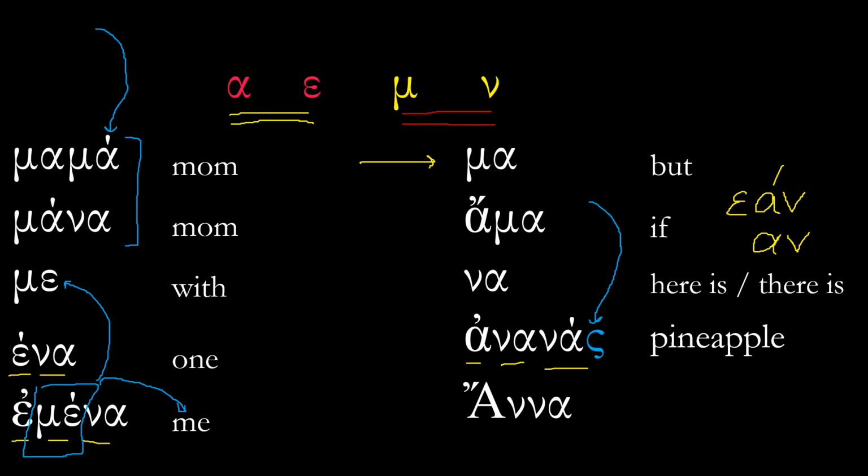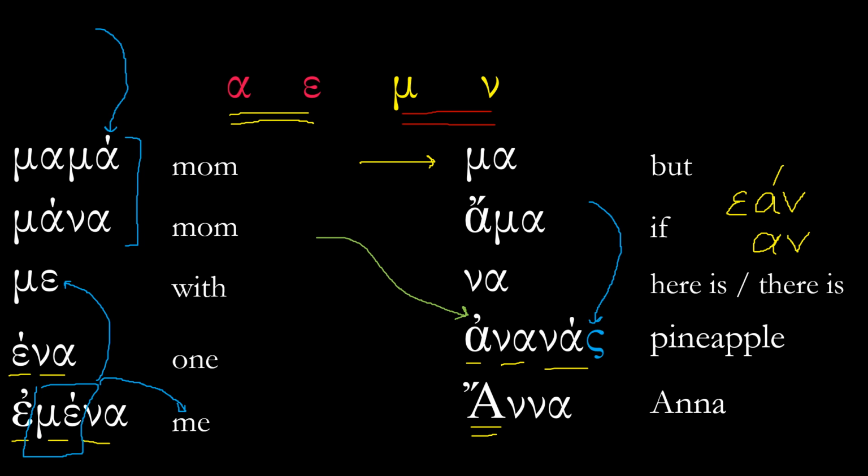And the last one you can see has a capital alpha, which means it's probably going to be a name. And this is Anna, which is Anna. I haven't mentioned it, but you can see there's this funny mark above, and I'm not going to talk about it in this video. It'll come up much later. It's not very important right now.